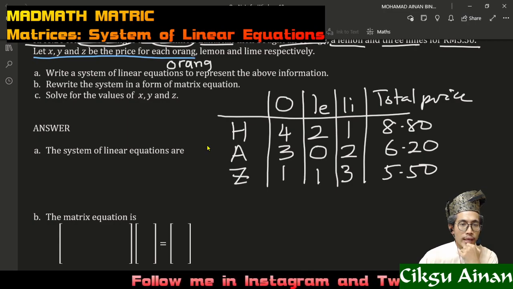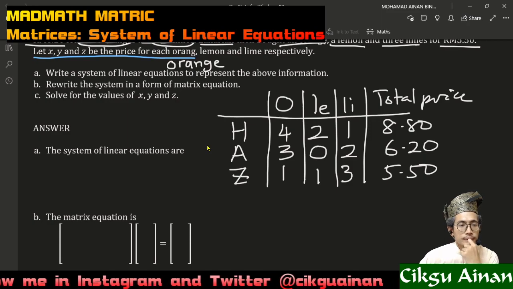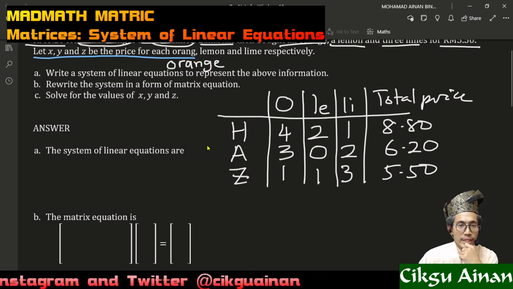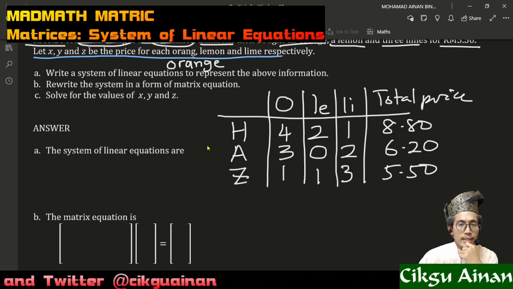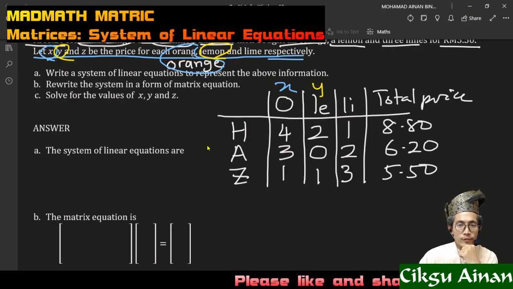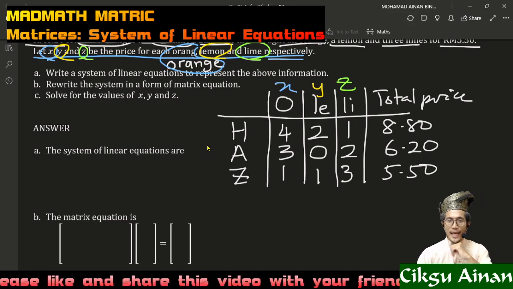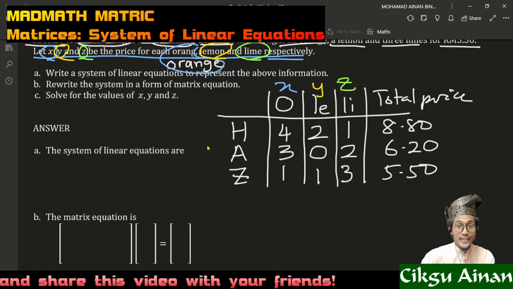So orange, sorry, lemon, and lime respectively. So x is for orange, y for lemon, and lime is for z. So those are the variables.